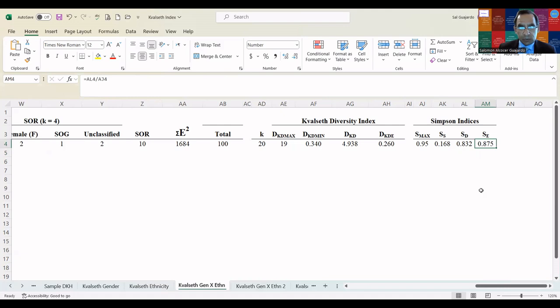I have the standardized score, which is 0.832 divided by the 0.95. That gives me a standardized score of 0.875, which means that for this organization, it obtained 87% of the maximum value of 0.95 with respect to ethnicity and gender combined.